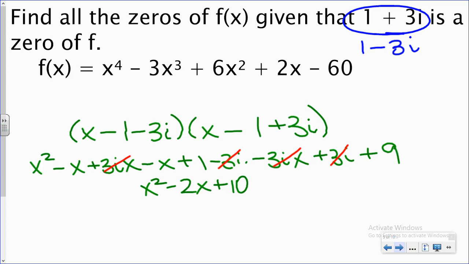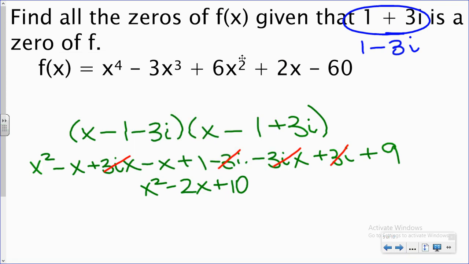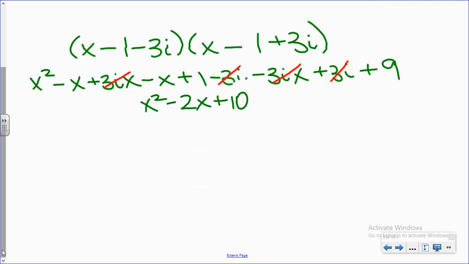All right, well that's cool. What are we going to do with that? We are going to have to divide it out. And what is our only option for division? Long division.